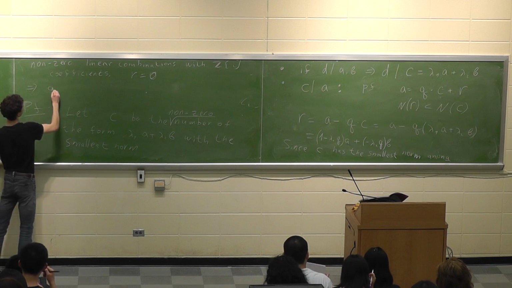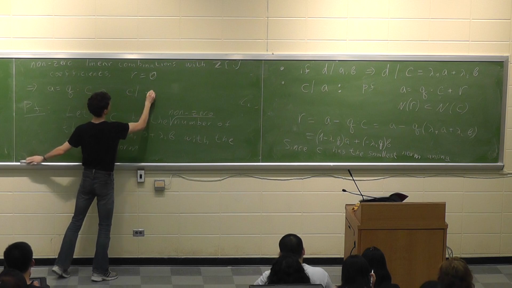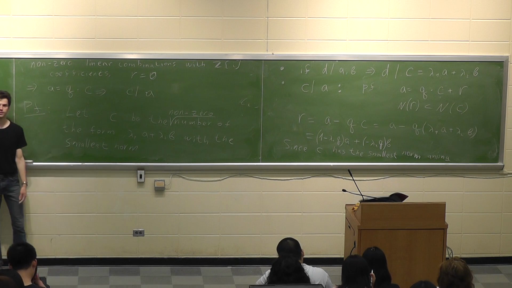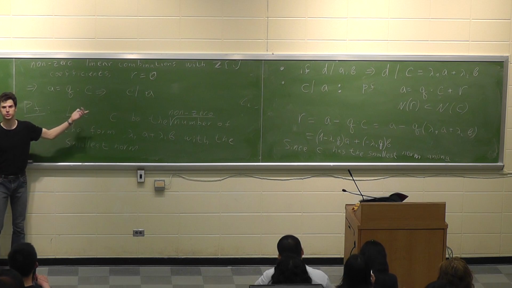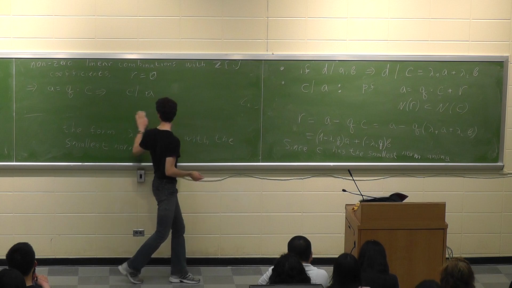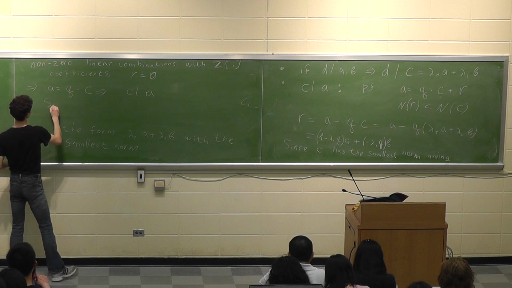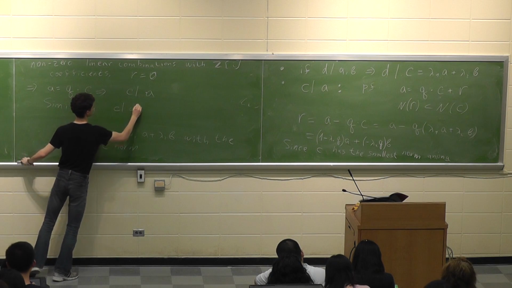So hence, A is the quotient times C, hence C is a divisor of A. And of course, similar considerations apply to B. It's not different from A. They have symmetric roles. So similarly, C is a divisor of B.